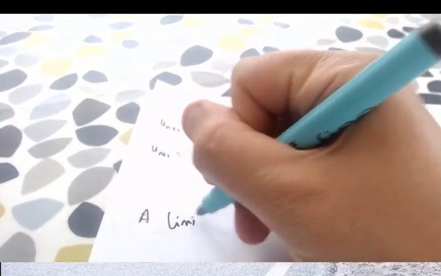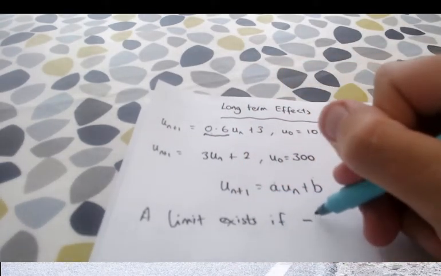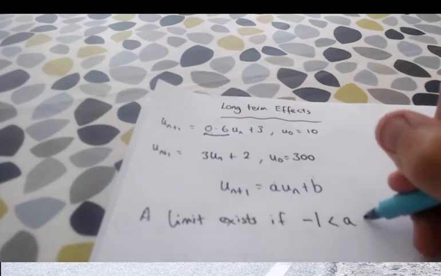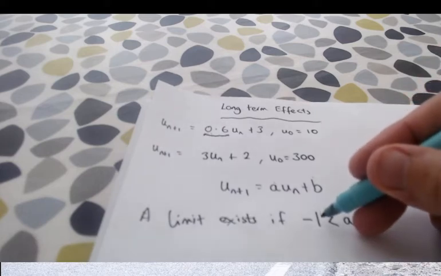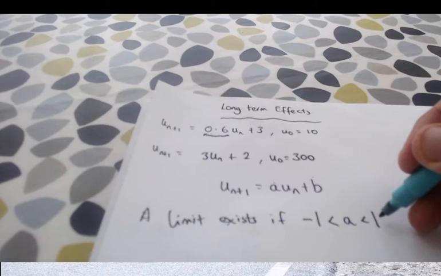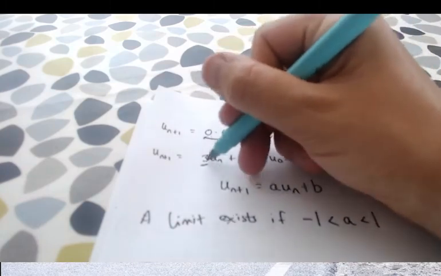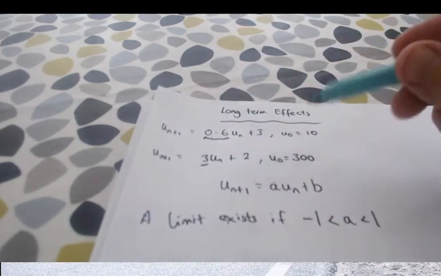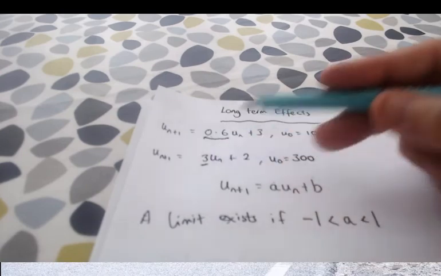A limit exists if A is between -1 and 1, and that's how we write is between in fancy grown-up maths. It can't be -1, it can't be +1, it has to be in between. So you would look at the A value and you can easily tell that that one is going to have a limit and this one is not going to have a limit.